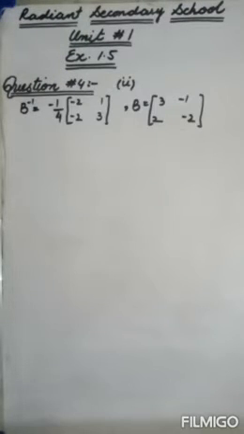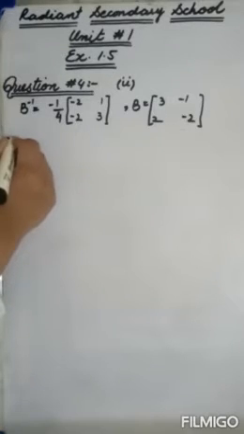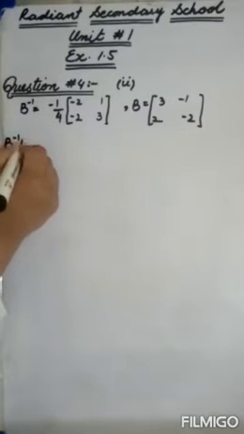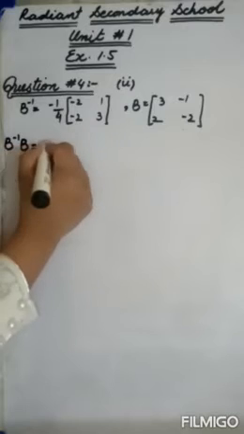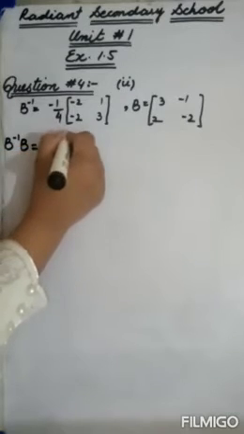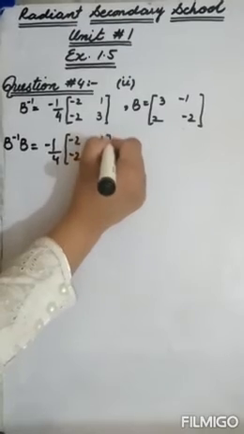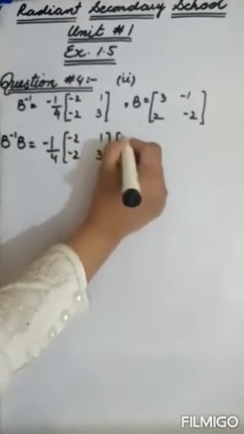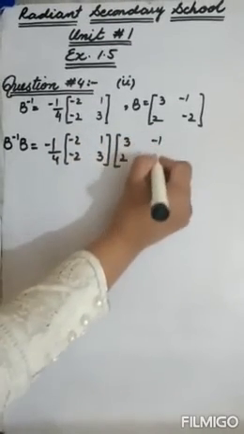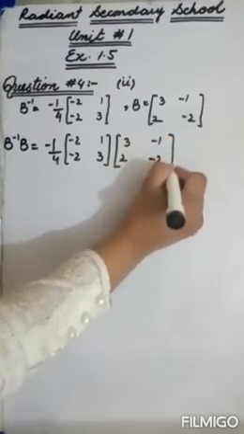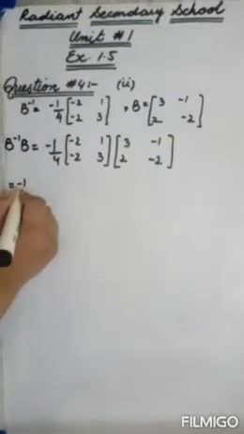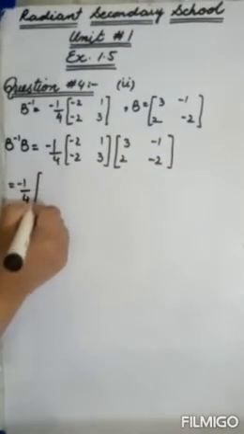Okay, now in the next step we will solve this. Now students, we will multiply with the same procedure by putting B inverse first and then B. Like B inverse into B, which is equal to minus 1 by 4, minus 2, minus 2, 1 and 3 into B, 3, 2, minus 1 and minus 2. With the same procedure, we have to multiply the two matrices.